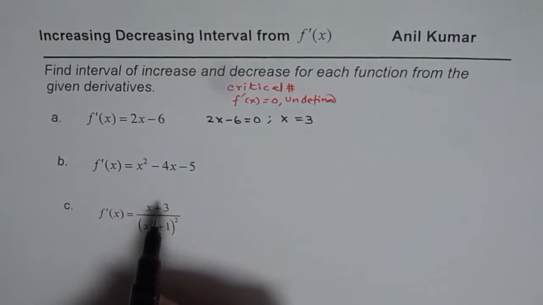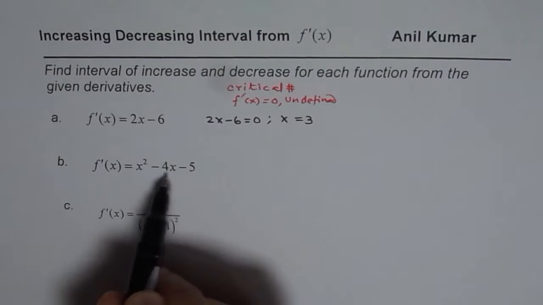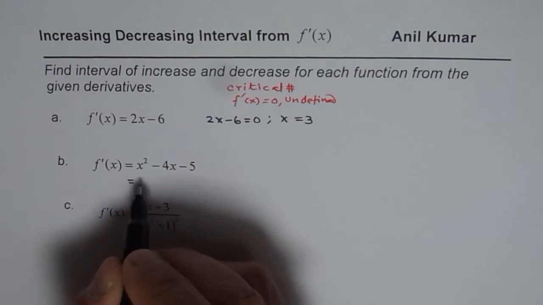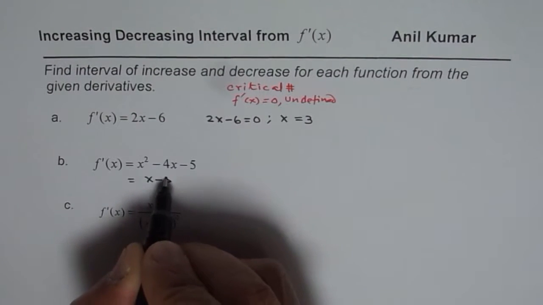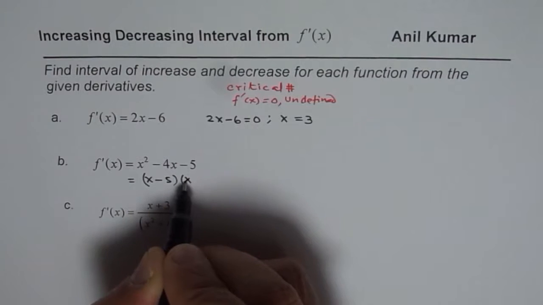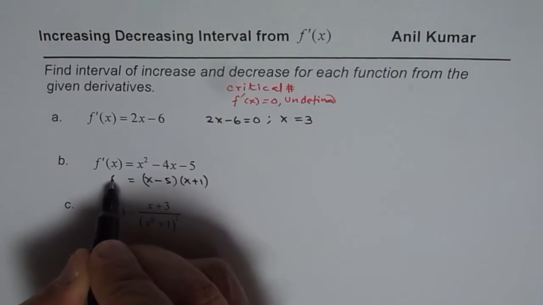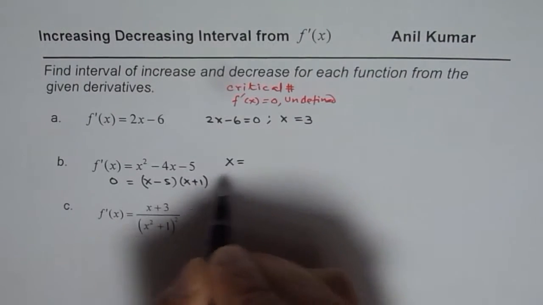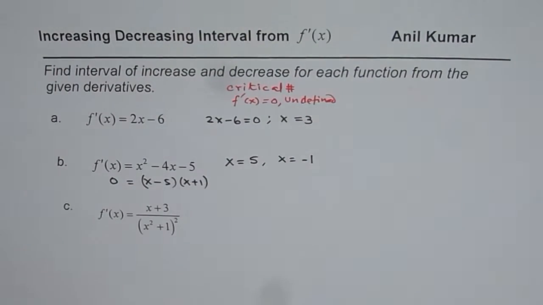In the case of the second function, to find the zeros of the derivative, we can factor it and write the equation as x minus 5 times x plus 1. That gives us the same quadratic equation. In the factored form, we equate this to 0 and find the value of x. So it gives us two values: x equals 5, and x equals minus 1.